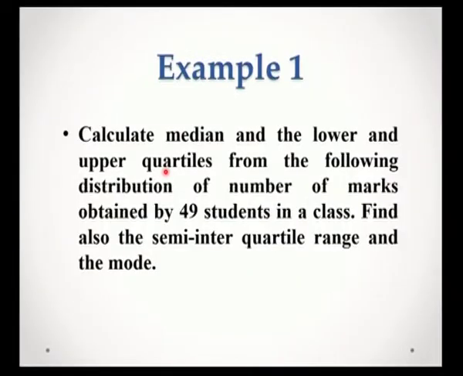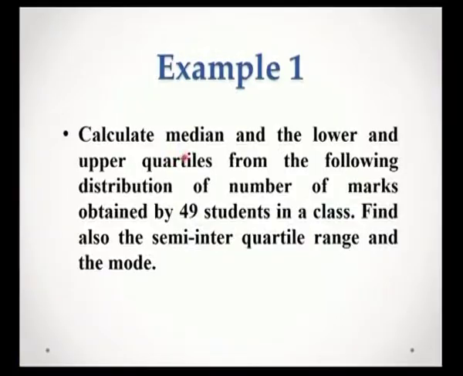You can apply all the three concepts in this example. So far you learnt arithmetic mean, then median, quartile and mode. In this example, you are asked to calculate the median and the lower and upper quartiles from the following distribution of the number of marks obtained by 49 students in a class.